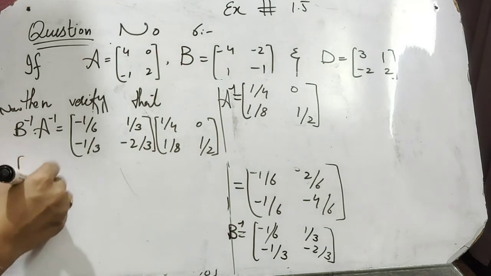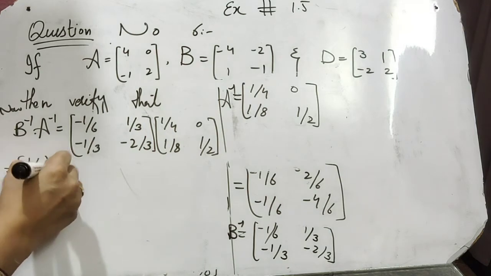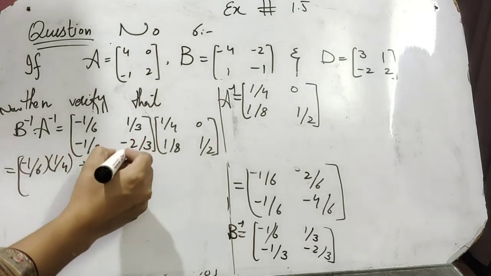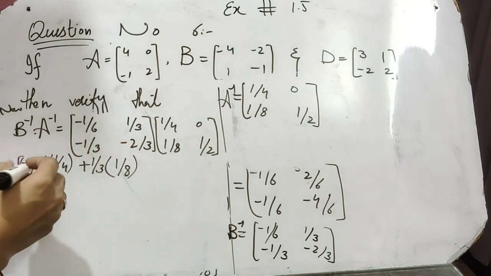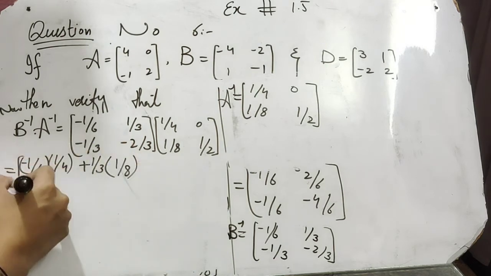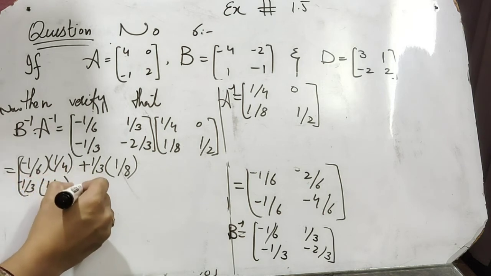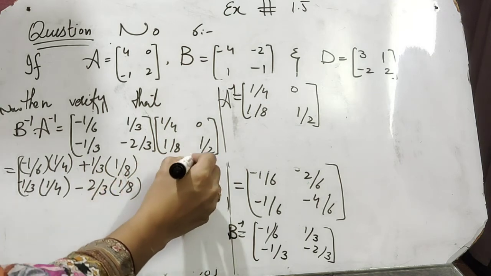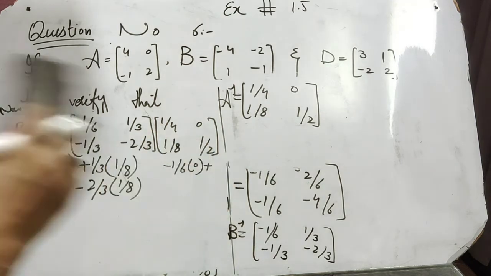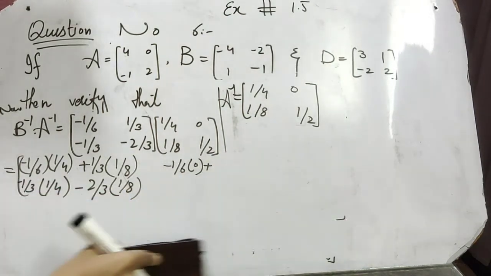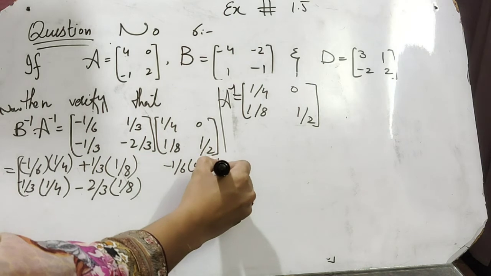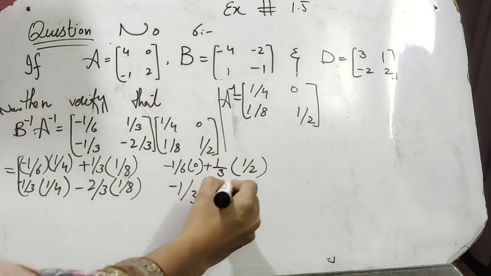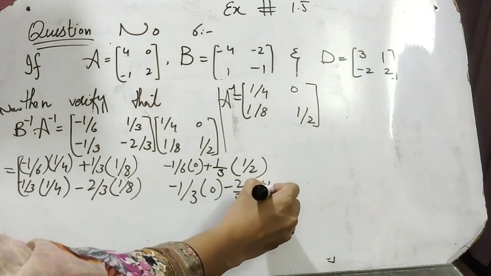It will be equals to -1 by 6 multiplied by 1 by 4 plus 1 by 3 multiplied by 1 by 8; 1 by 3 minus 1 by 3 multiplied by 1 by 4 minus 2 by 3 multiplied by 1 by 8; -1 by 6 multiplied by 0 plus 1 by 3 into 1 by 2; -1 by 3 into 0 minus 2 by 3 into 1 by 2.